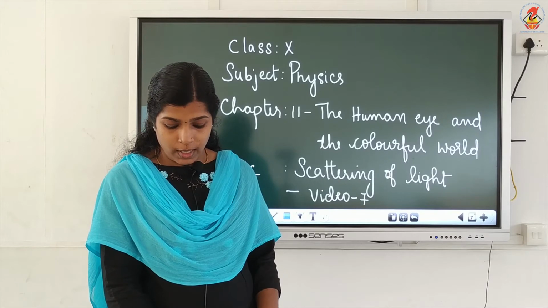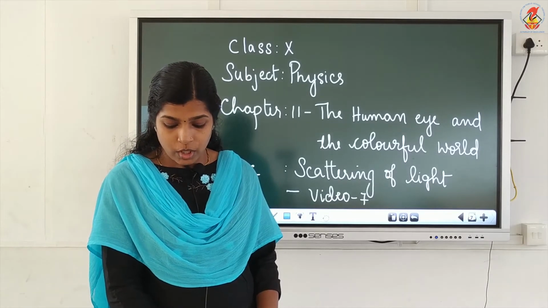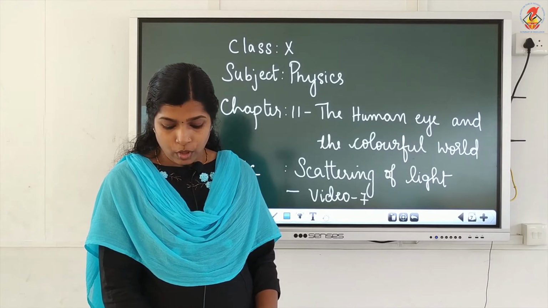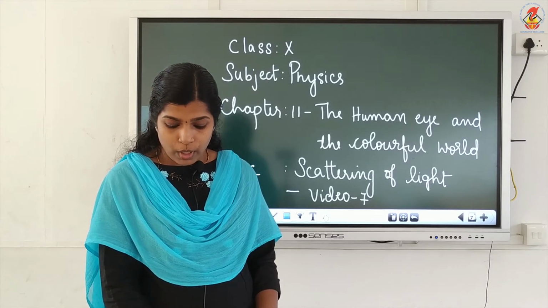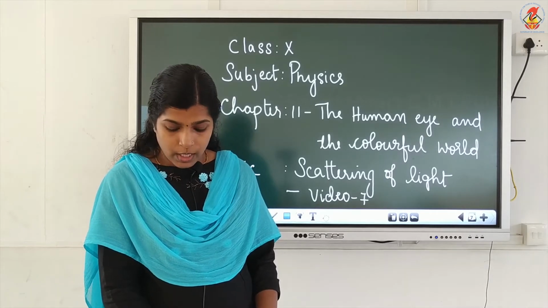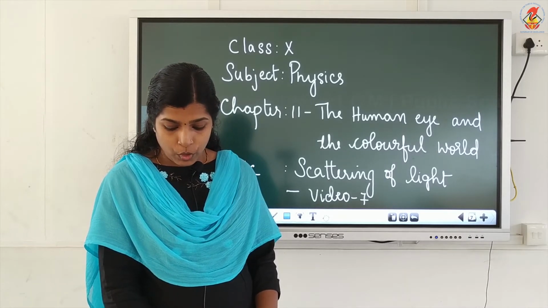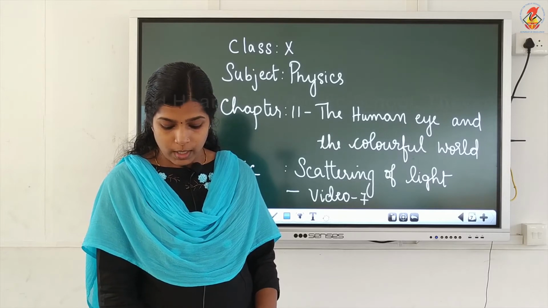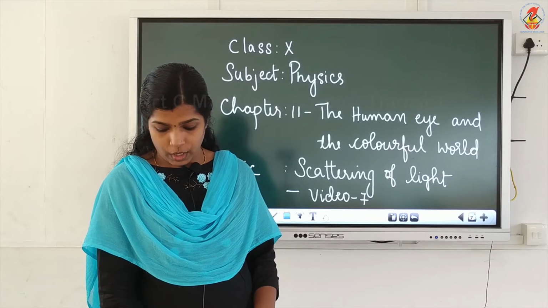In previous class, we have learned about the scattering of light by colloidal particles. The path of light passing through a true solution is not visible. However, its path becomes visible through a colloidal solution where the size of the particles is relatively larger.